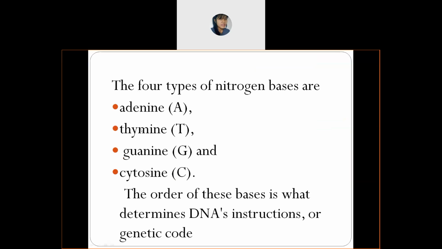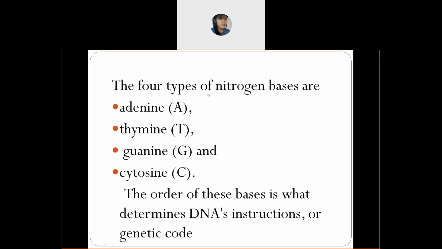Capital letter A. Thymine, capital letter T, guanine, capital letter G, and cytosine, capital letter C. The order of all these bases will be determined in the DNA instructions, or the genetic code.